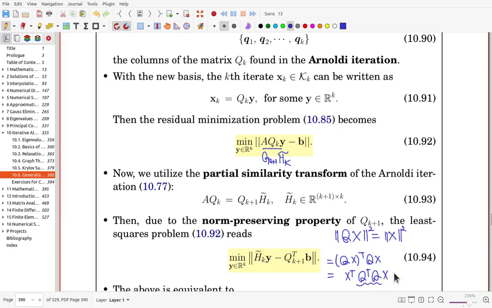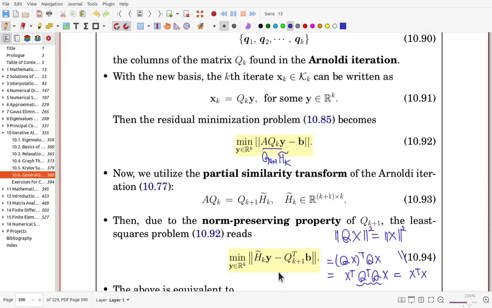This is identity, so that is x transpose x, which is the same as that, right? So for orthogonal matrices, and matrices whose columns have this property, these matrices always preserve norms. Because of that, we multiply Q(k+1) by its transpose to become identity, and so we reach this minimization problem.